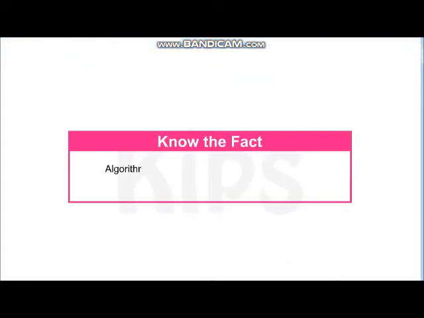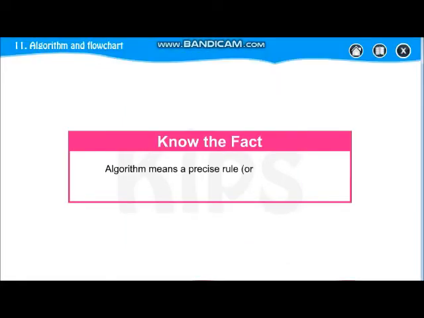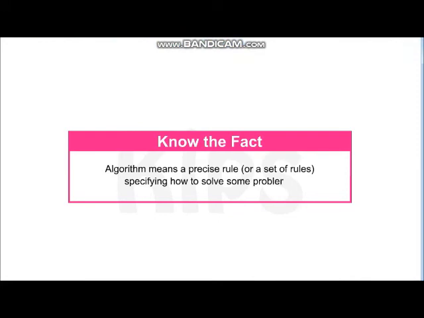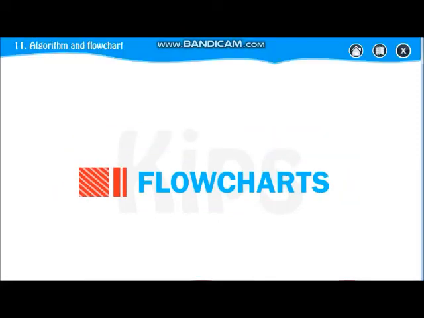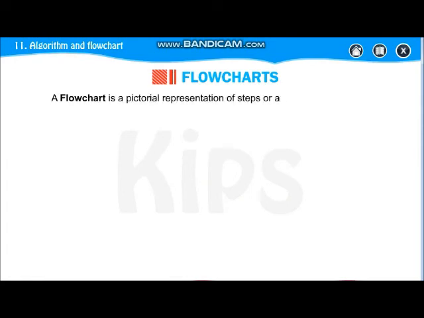Know the fact that algorithm means a precise rule, or a set of rules specifying how to solve some problems. Now what is a flowchart? Flowchart is a pictorial representation of steps or an algorithm in a pictorial form.